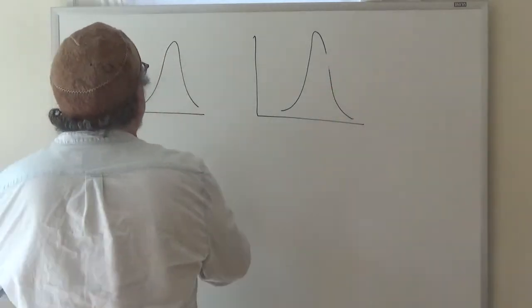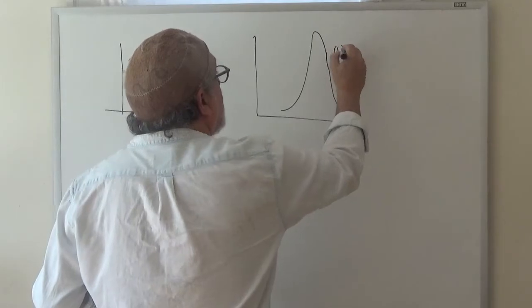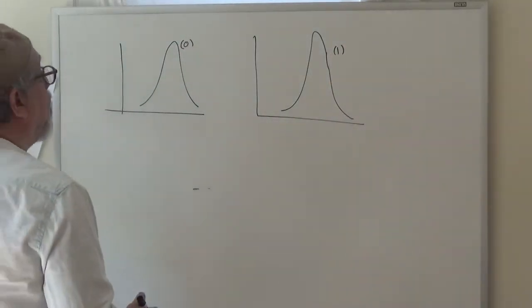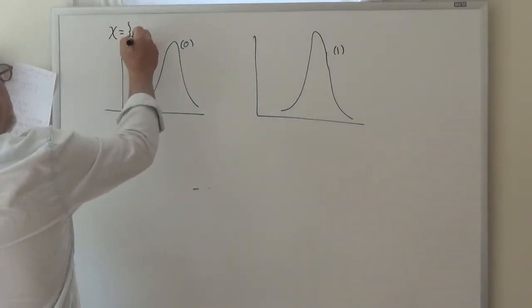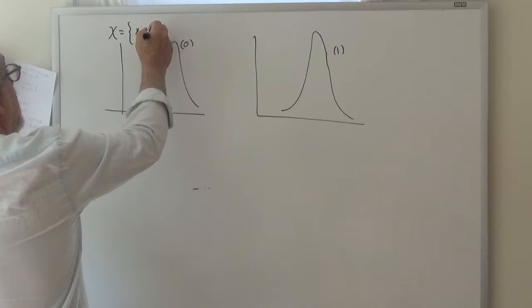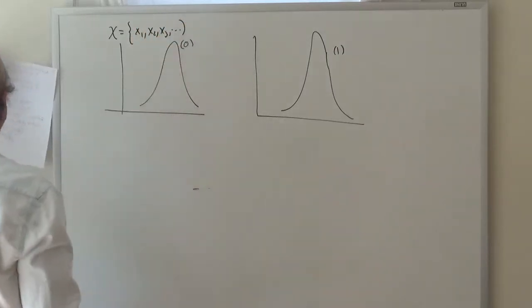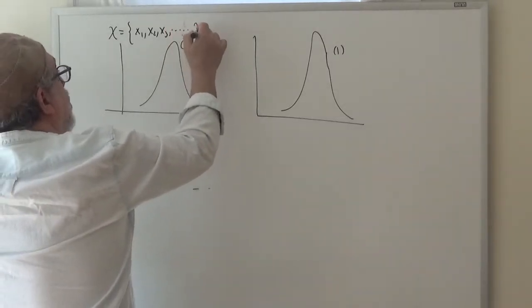So let's say this is the 0 distribution and this is the 1 distribution, and then we have some set of data. X was measured and we had x1, x2, x3, x4, and let's say that the last one was xn.